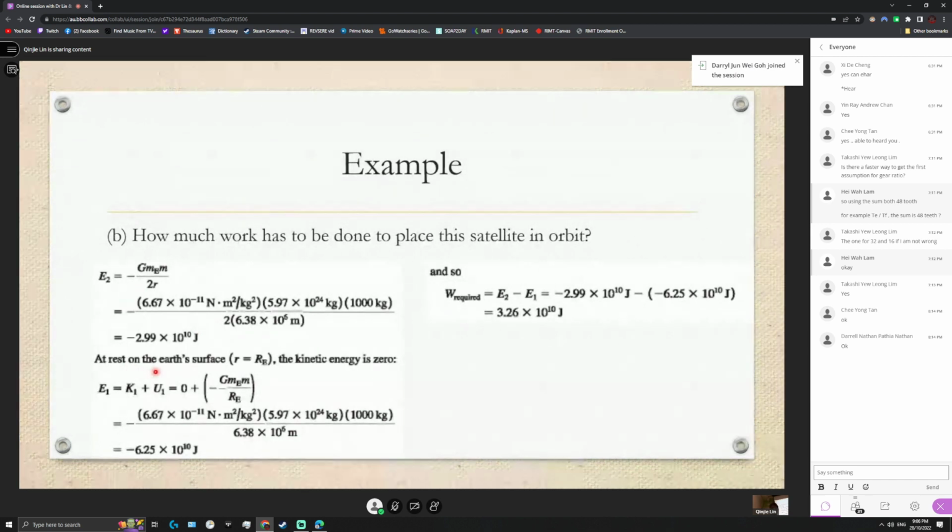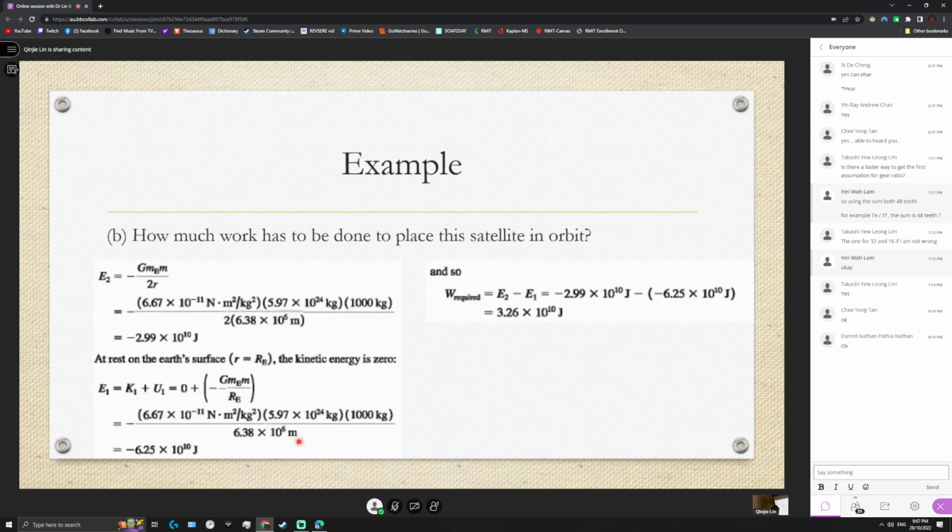At the Earth surface, which is point 1, you also find the energy there. At point 1, it's not moving, right? You are trying to get it to move. So kinetic energy is 0, just resting there. Then the potential energy at the Earth's surface is minus GMm over r. This is the general potential energy formula.